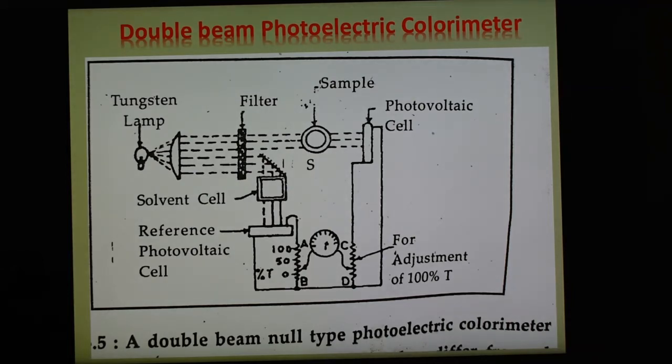Now there is also one more, a double beam photoelectric colorimeter, and in this diagram it is shown that two beams are used. To operate this instrument, the null balance galvanometer is adjusted mechanically to bring the needle to mid scale with the lamp off. Then the lamp is switched on and the blank solution is kept in both light beams.